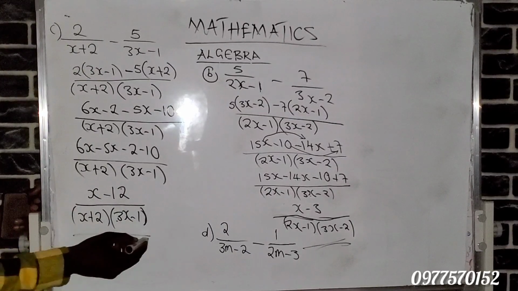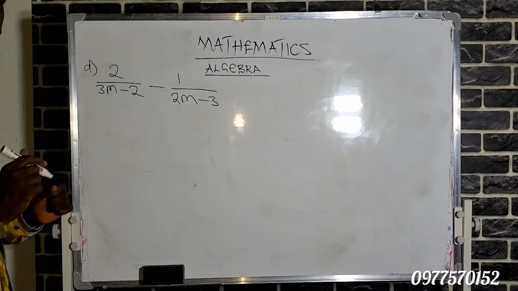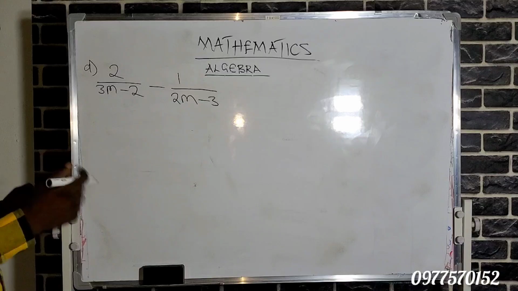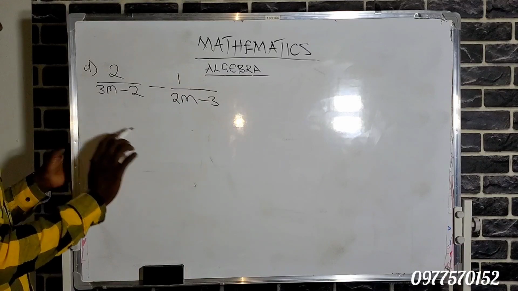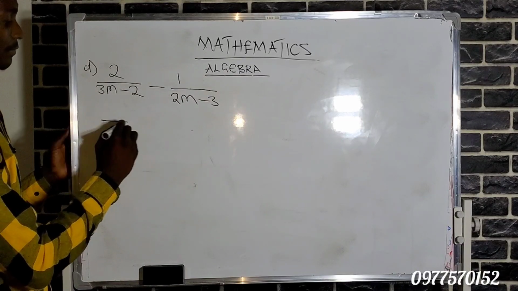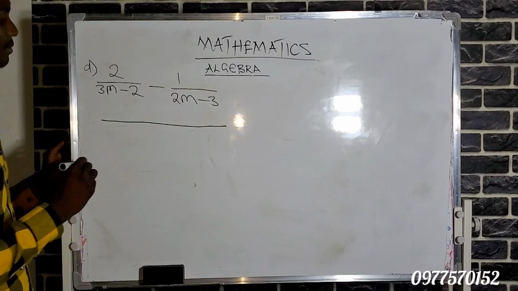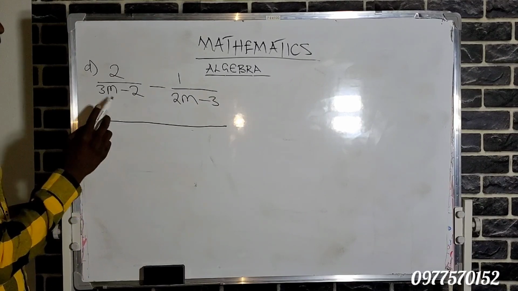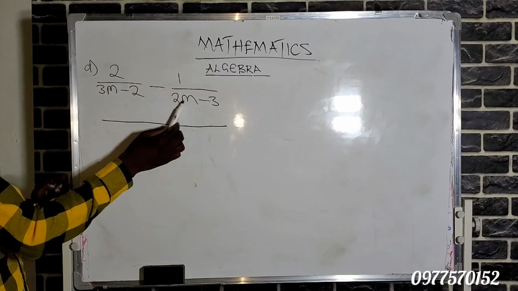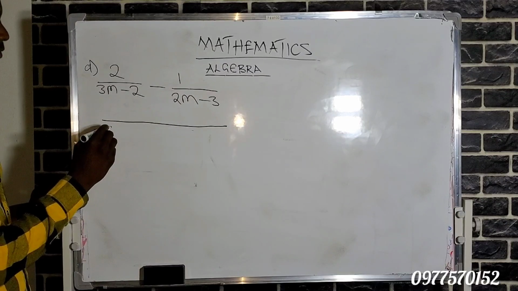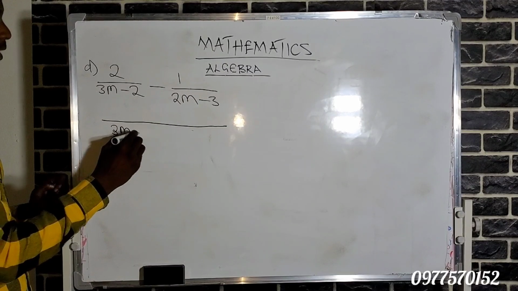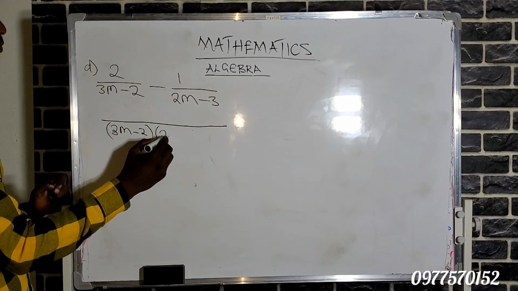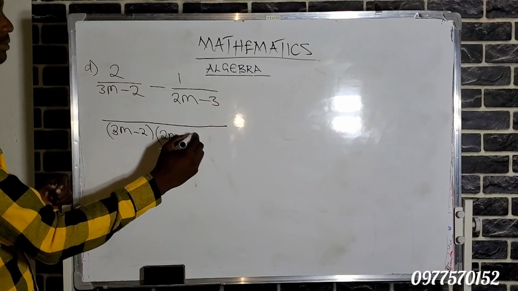No, so this is question D. This question comes from, it should be 2023. So what we're going to do is the same as we've done for the previous 3 questions. We're going to write the denominators and multiply them because they're not the same. This is 3m, this is 2m. So we write (3m - 2) in brackets, then also (2m - 3).